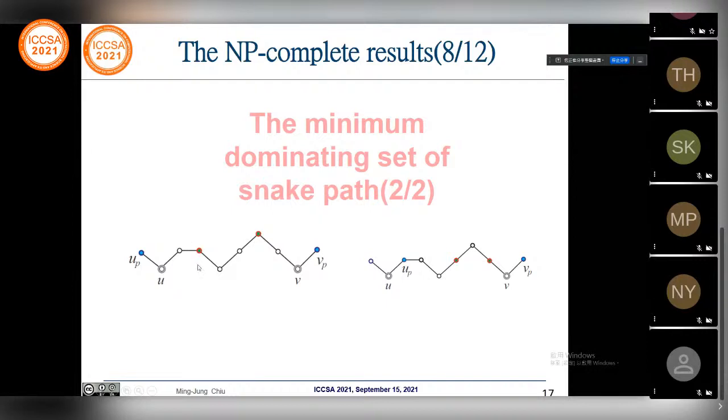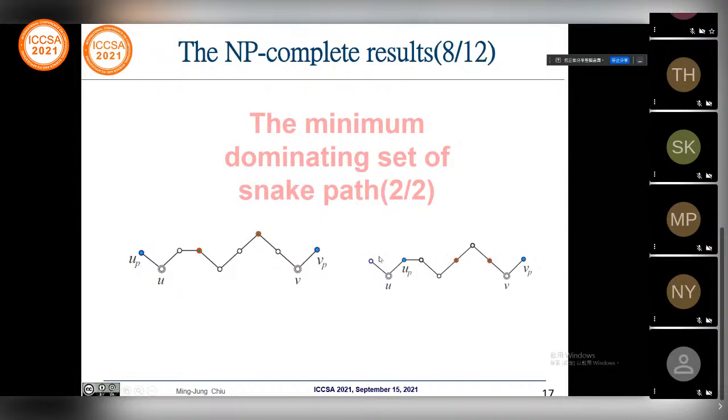So they still have 2 dominating vertices in the snake path. The final situation, both U and V are dominated by another dominating vertex, and one of the dominating vertices is in the snake path. They will have 3 dominating vertices in the snake path.